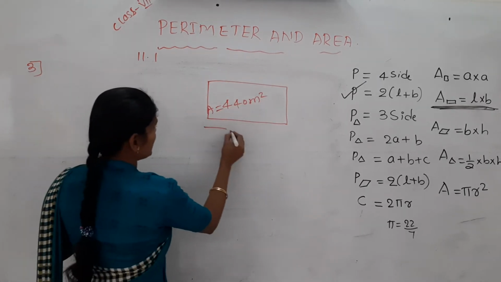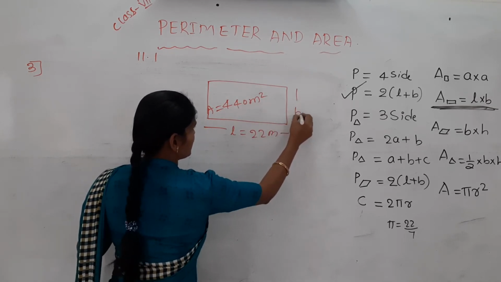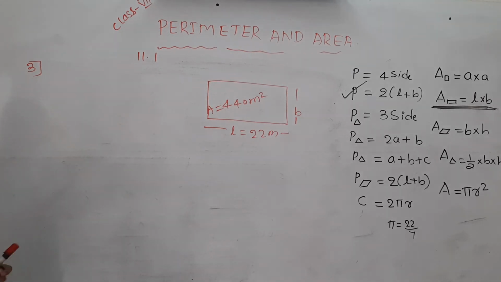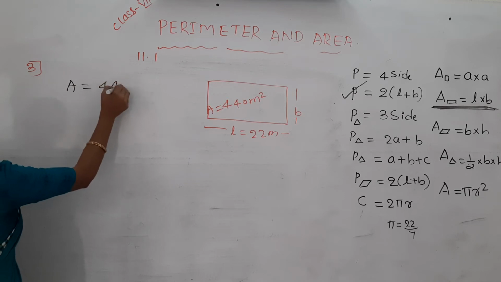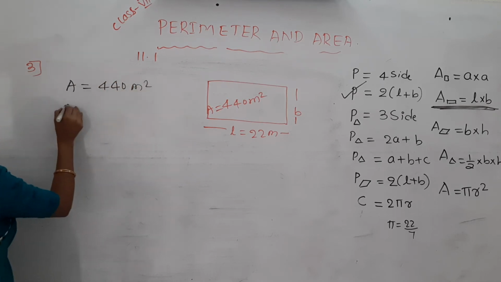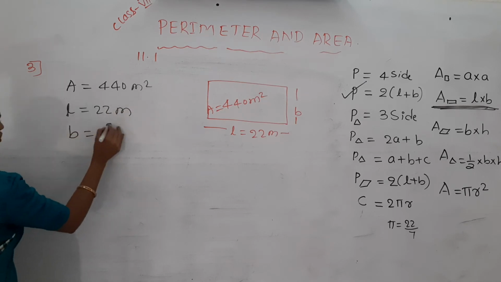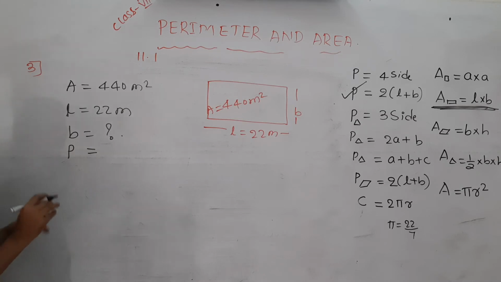And the length of the rectangle given is how much? 22 meter. Then we have to find the breadth. After that, we have to find the perimeter. Area is given, so write 440 meter square. Then length is 22 meter. Breadth we have to find. Then after getting the breadth, we have to find the perimeter.